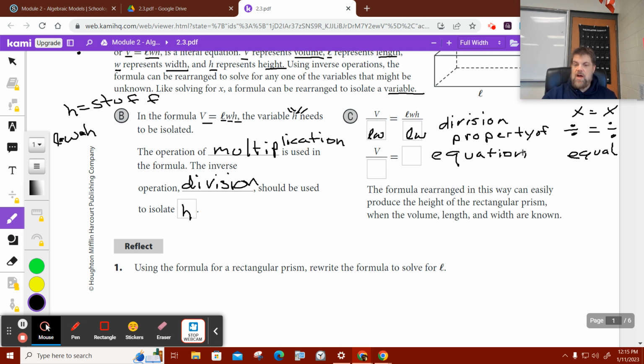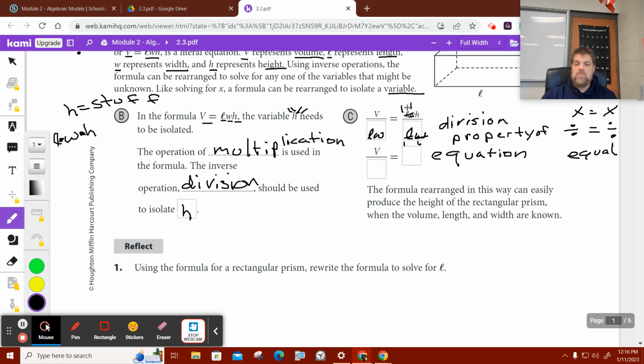Now, what is L divided by L? This is going to be a little tricky, but I think you guys are smart enough to figure it out. Anything divided by itself reduces down to 1, so that's 1 over 1. What is W divided by W? 1 over 1.